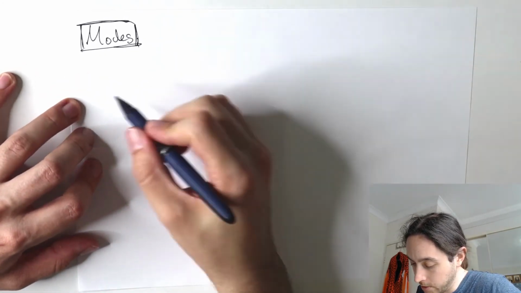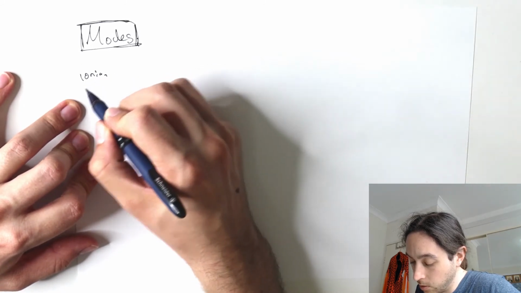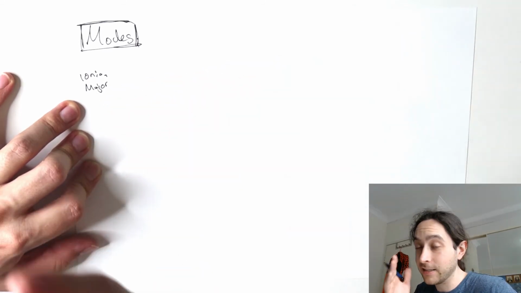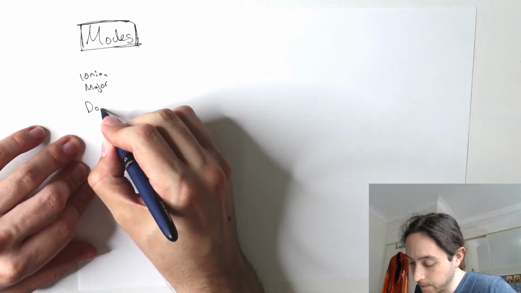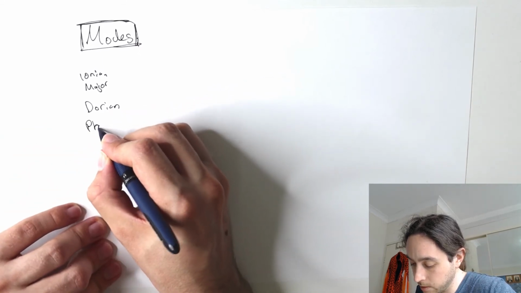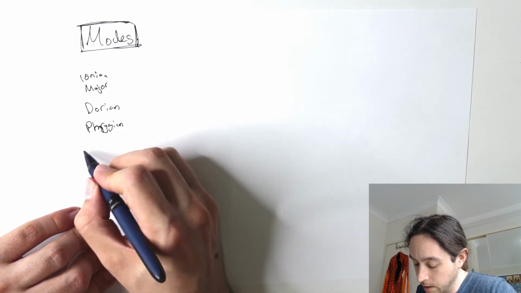So, we've got our modes. First one is Ionian, also known as major. They are exactly the same. Next is Dorian. Next is Phrygian. Yep, I can't spell. Next is Lydian.